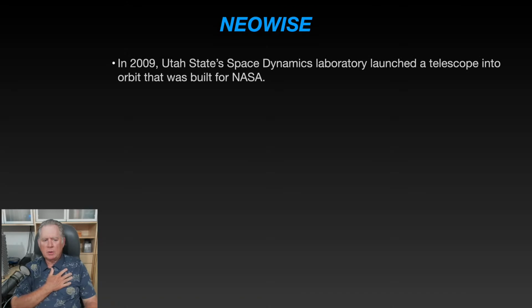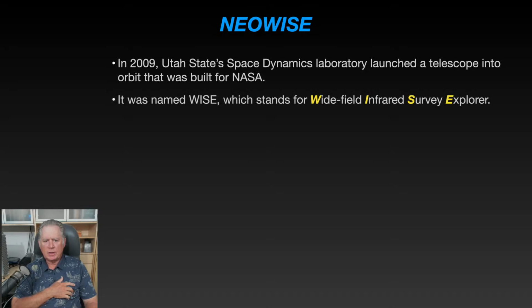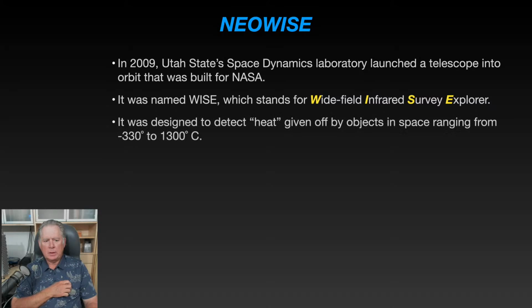Neowise was, a Utah State Space Dynamics Lab launched a telescope that was built for NASA in 2009. It was named WISE, which stands for Wide Field Infrared Survey Explorer. It was designed to detect heat given off by objects in space ranging from minus 330 degrees to 1300 degrees centigrade.